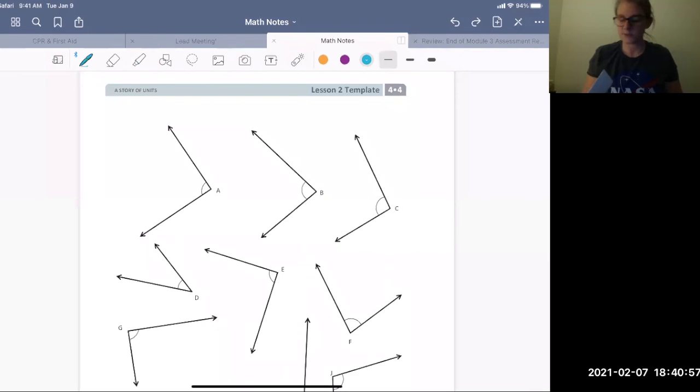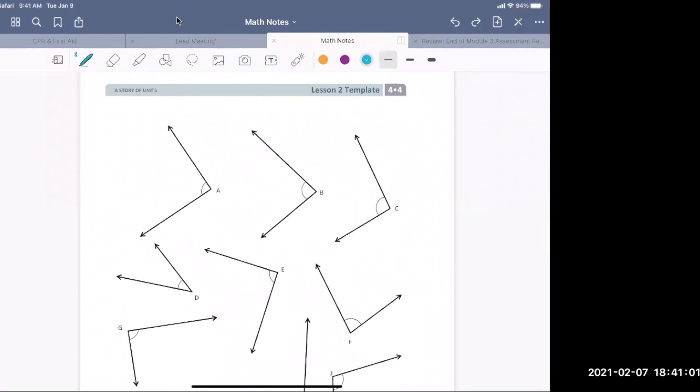Okay, so this is our right angle template. The paper we just folded is our right angle template. We're going to use it to measure against these angles to see if those angles are greater or less than the right angles.